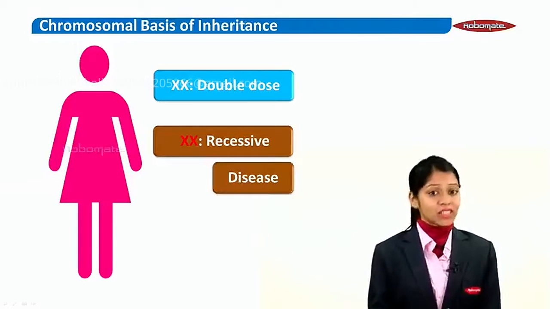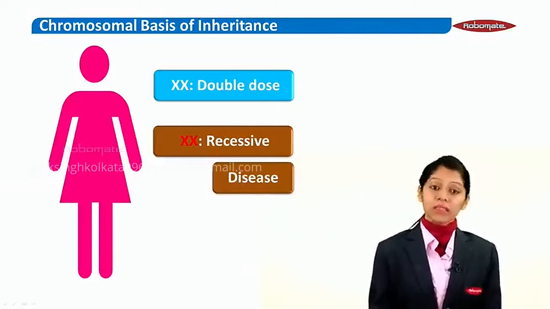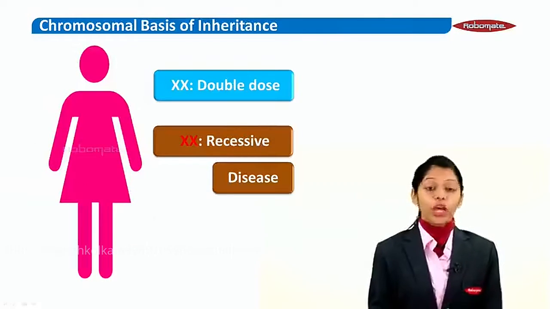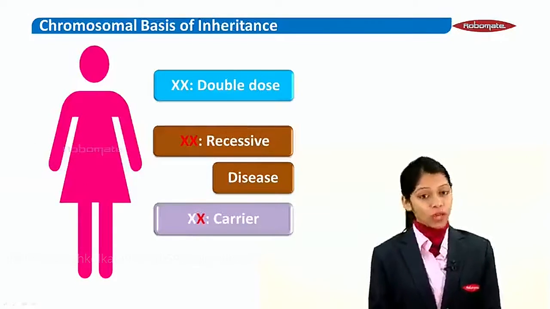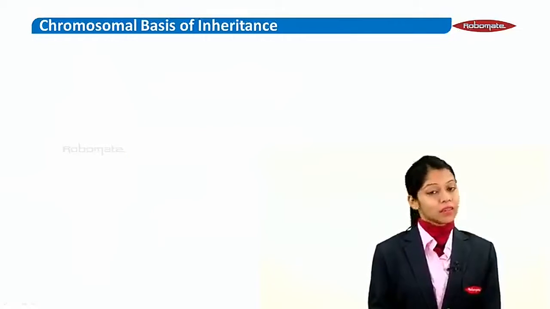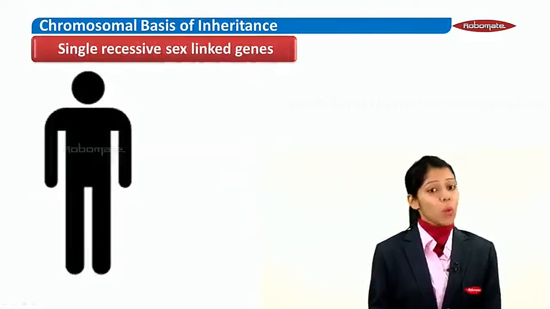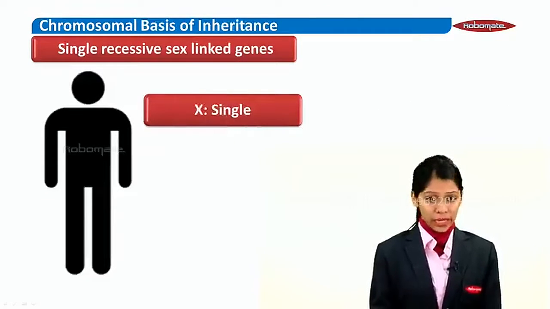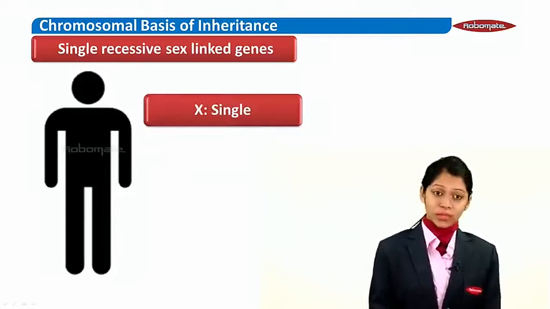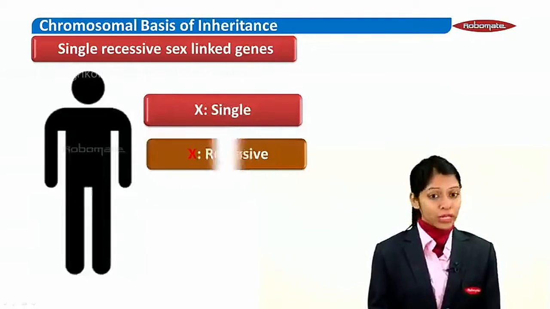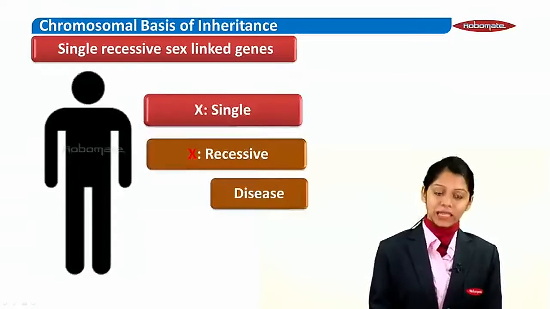But a disease state in a female is a rare condition. In most cases, she contains one faulty copy and acts as a carrier. In case of a male, he contains only one X chromosome. So if that X chromosome is faulty, at that time he is diseased.